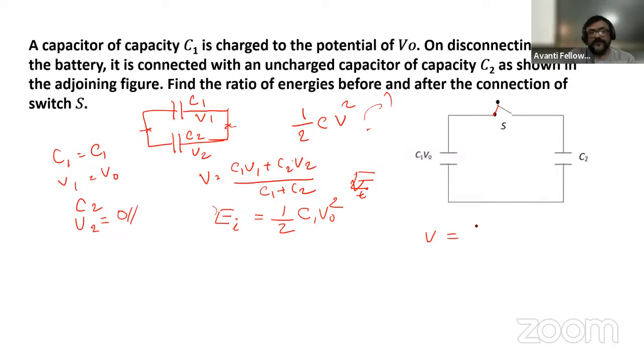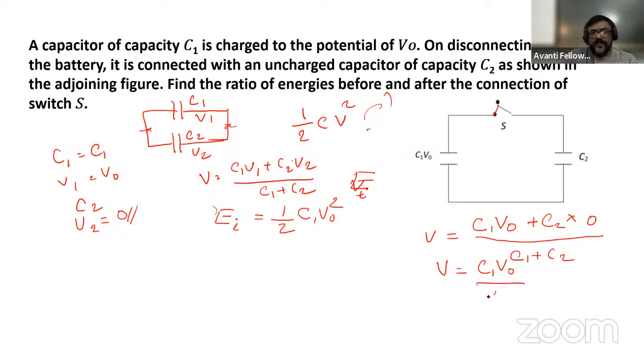It will be C1 into V1, which is V0, don't forget it, plus C2 into V2. What is V2? It is 0. It was uncharged in the beginning. Divided by C1 plus C2. So the common potential will be C1 V0 divided by C1 plus C2.